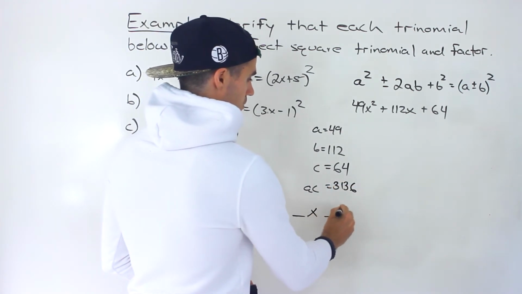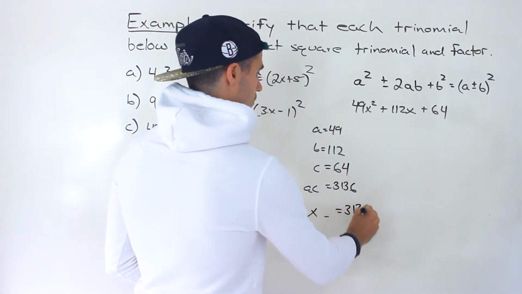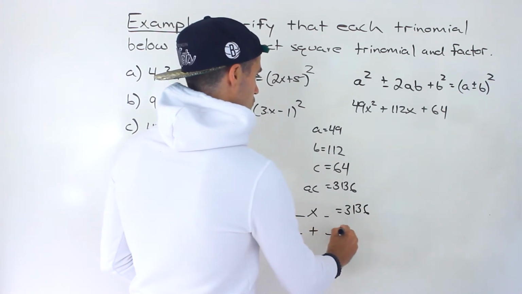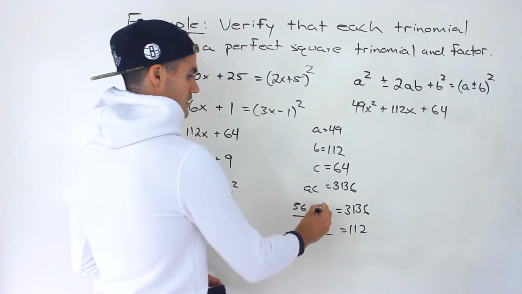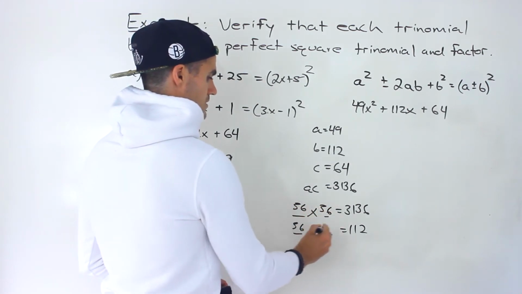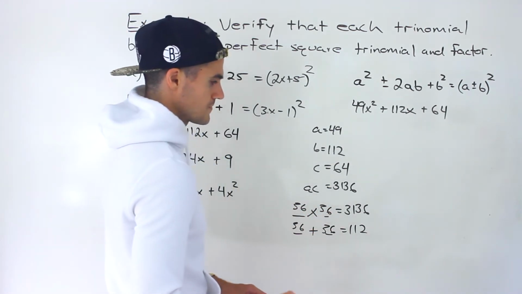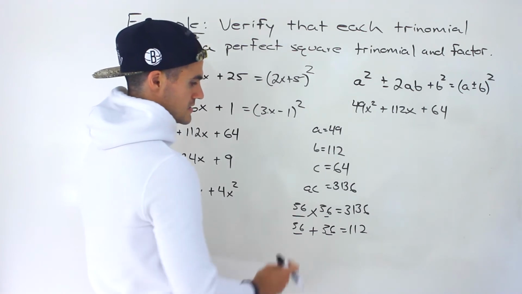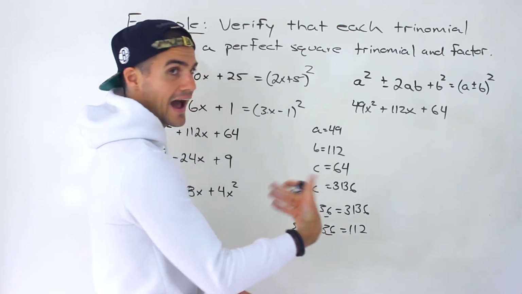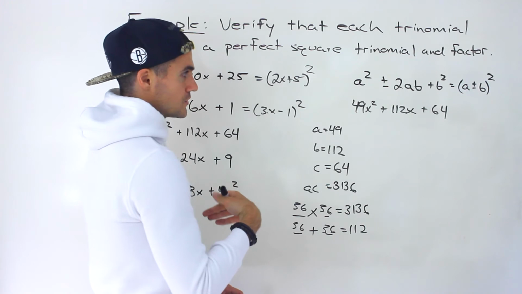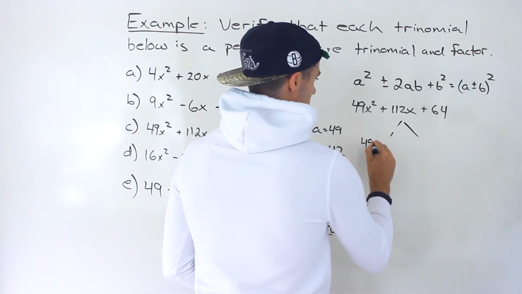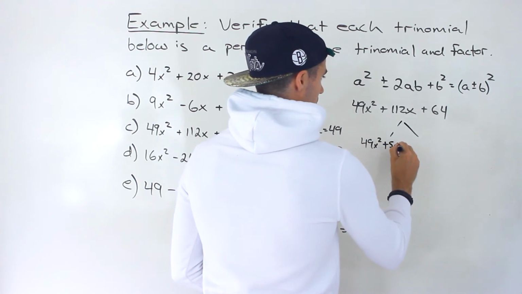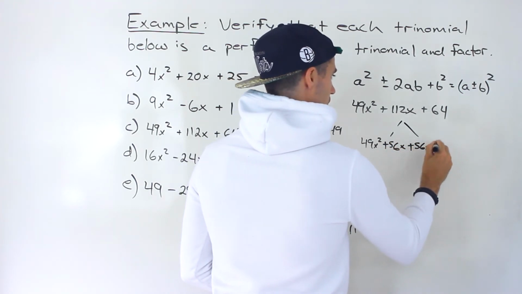So what two numbers multiply to 3,136 and add up to 112? It's going to be 56 and 56. Okay, so working with much larger numbers. In this case, these two numbers are always going to be pretty much half of that b value. So decomposing that middle term into those two values.